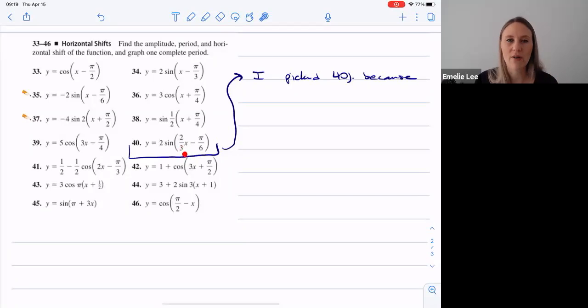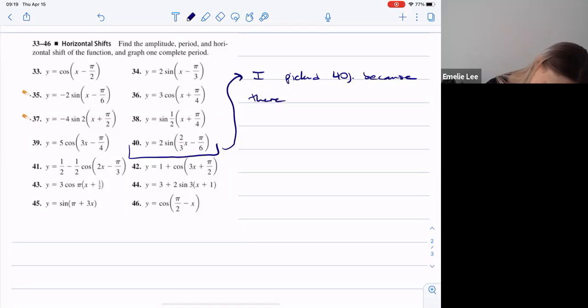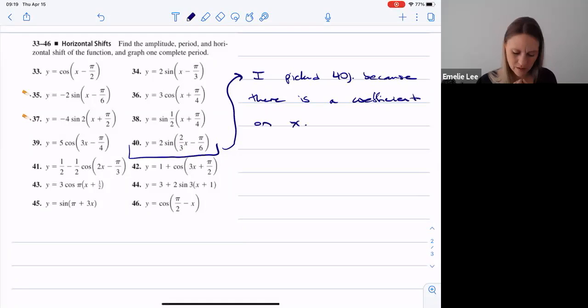Because you don't just have x minus b in here, you have something times x minus b, kind of a b, right? And so because there is a coefficient on x, okay? So this here is the reason that I picked it, okay?